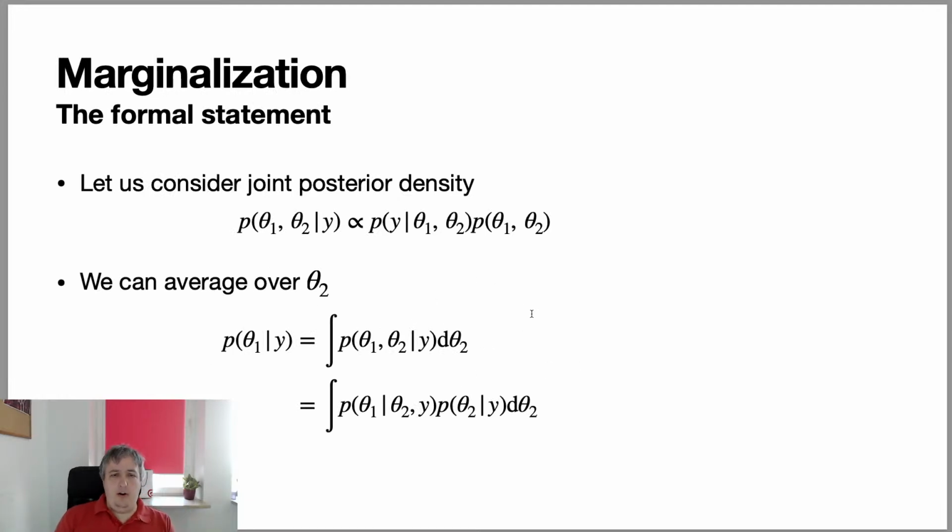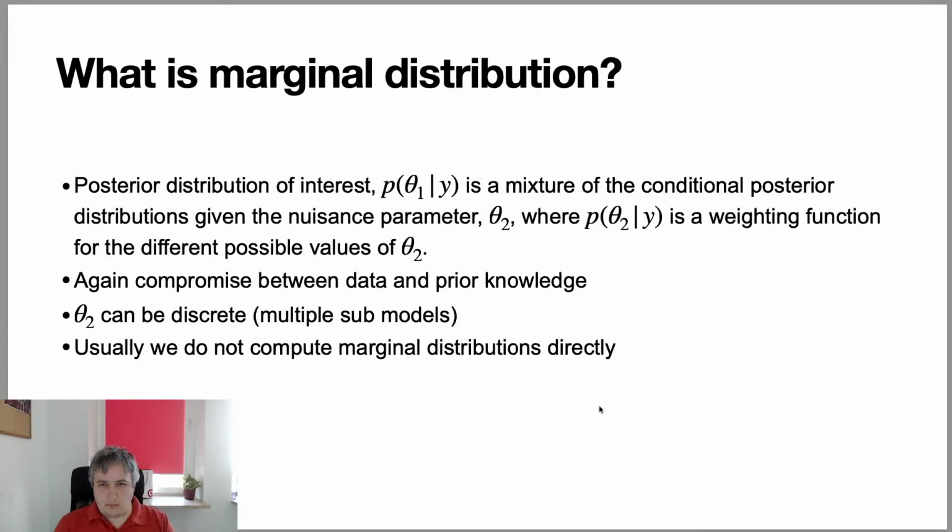And formally, as with all other procedures, we just take the joint density and we average over the non-interesting parameters, which numerically is done through sampling. So generally, we are averaging out those things that we are not interested in.